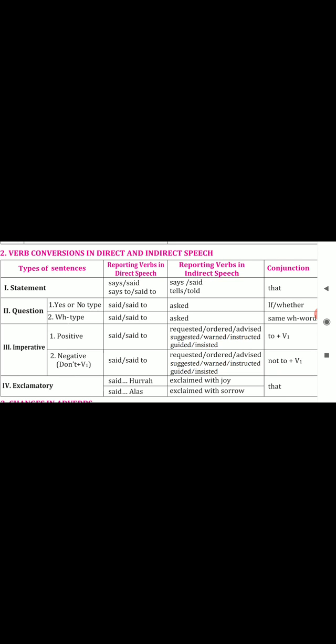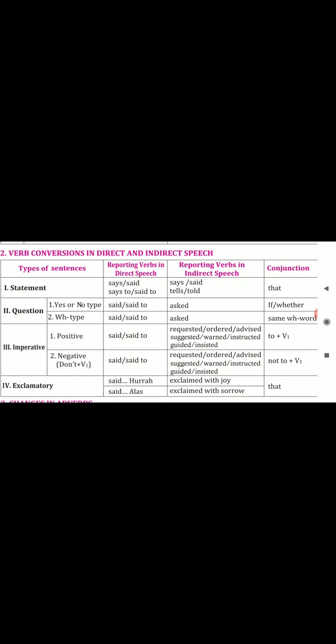And then in a question sentence also, a yes or no type, said or said to becomes asked. And in a WH question type, said or said to becomes asked.